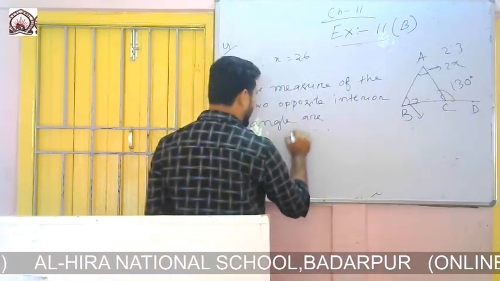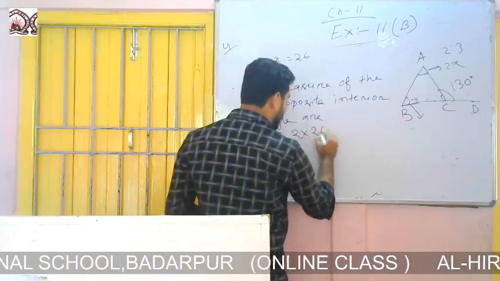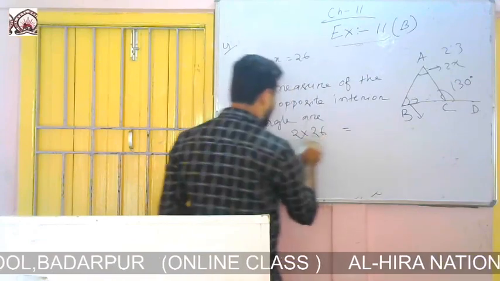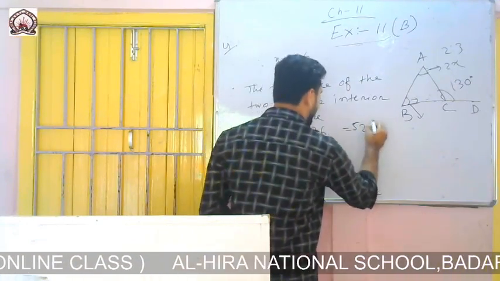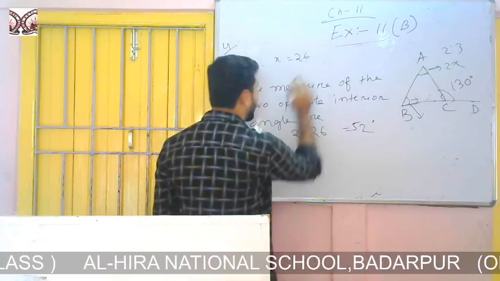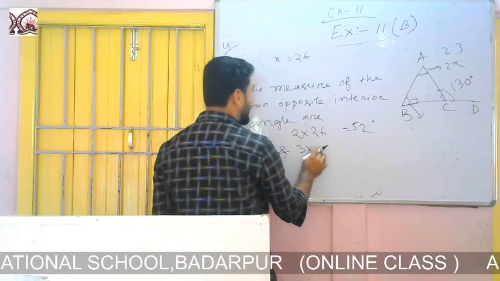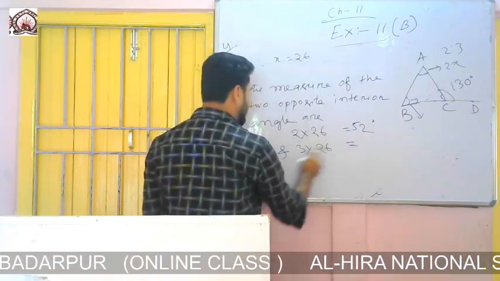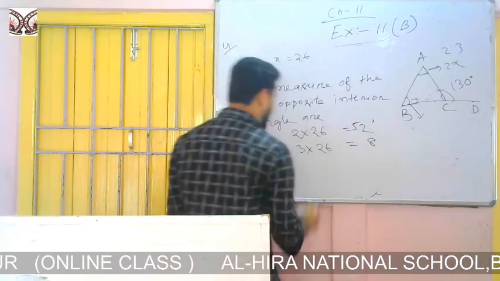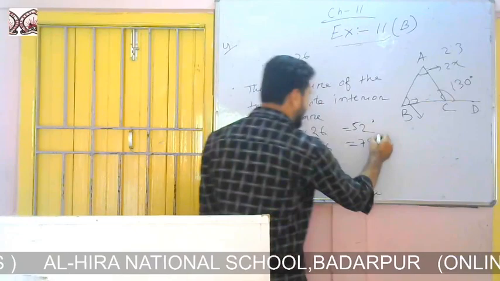So I can write 2 into, in place of x I can write 26. And if I multiply, then I will get 6 2 are 12 and 2 2 are 4 and 1, 5, 52. And another one we have let thrice x. So 3 into, in place of x I can write the value of x, and 6 3 are 18 and 3 2 are 6 and 1, 7, 78 degree.